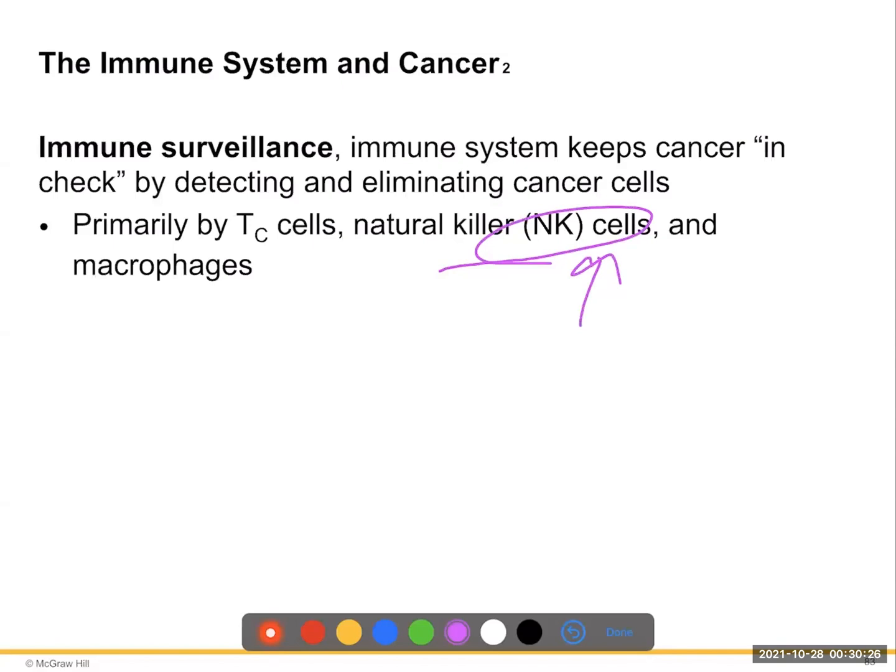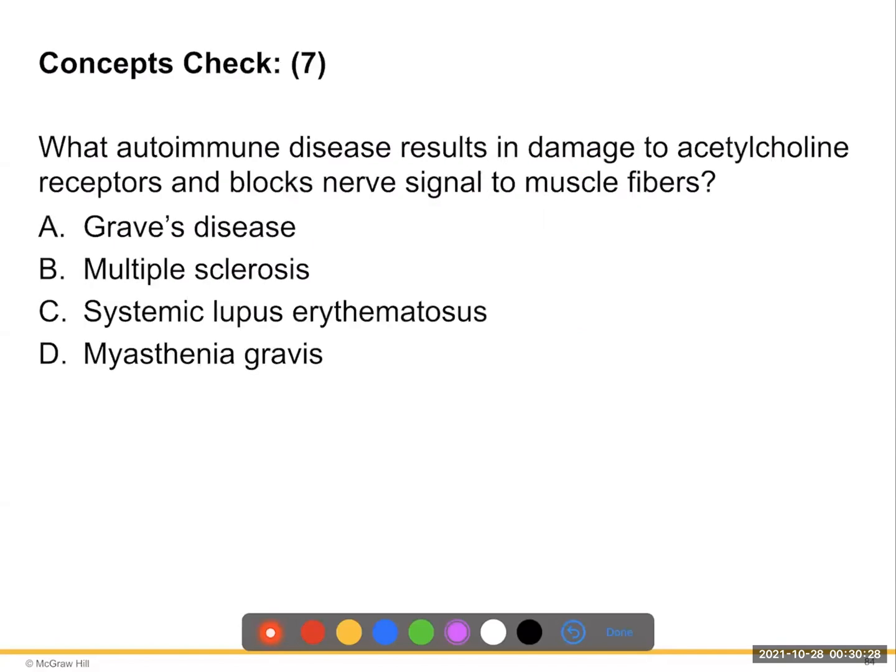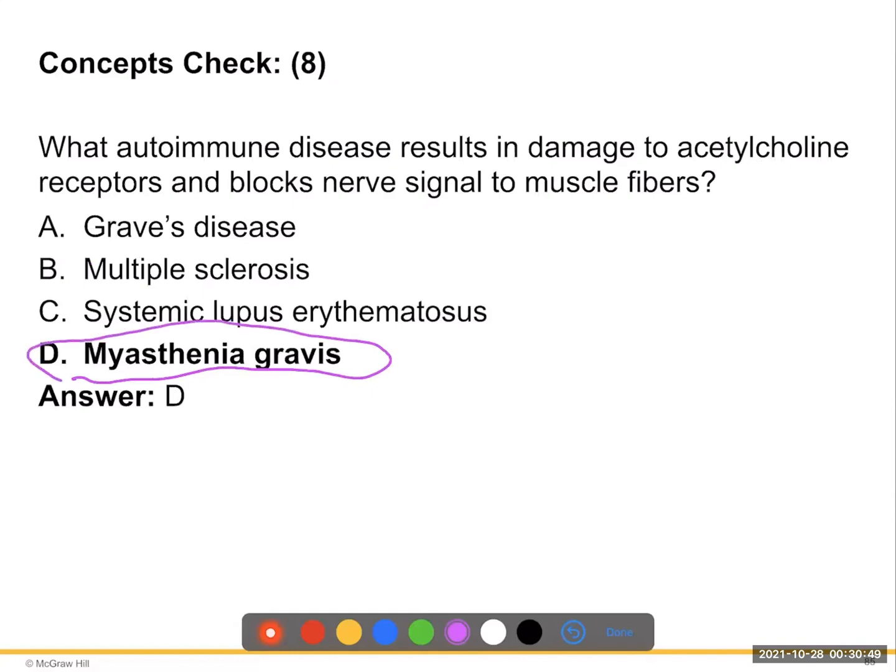So what autoimmune disease results in damage to the acetylcholine, ACH receptors, and blocks the nerve signal to muscle fibers? Which one was it? I think it's multiple sclerosis. Or I think so. Muscle fibers? Yeah, I think it's multiple sclerosis. No, myasthenia gravis. Oh, no. I was trying to remember too.